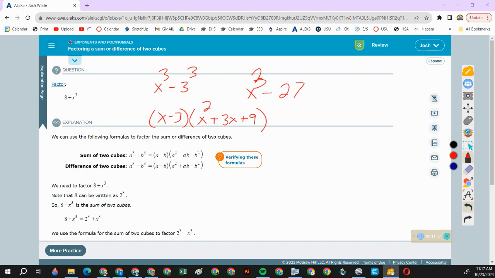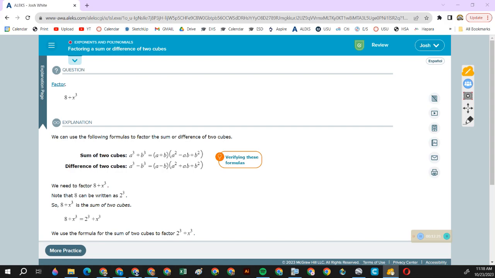And all you really have to remember is that this sign goes there and the opposite sign goes there. So if I were to change this to x to the third plus 3 to the third, then this would become a plus and this would become a minus. Okay? So I guess that's the other cubic equation that you might see.